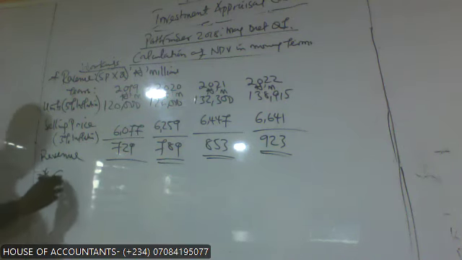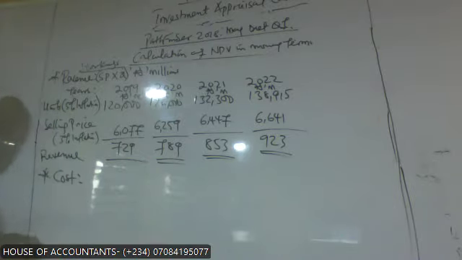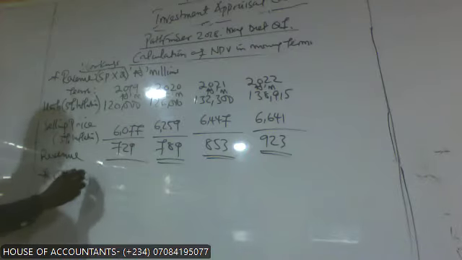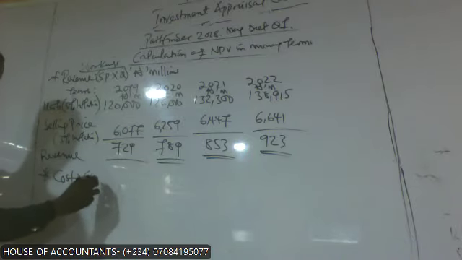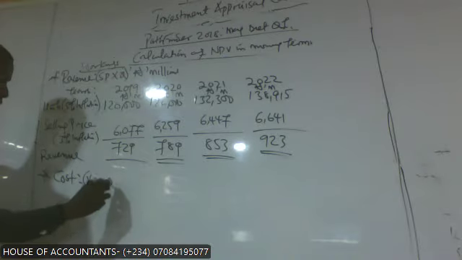Second one, we do for cost. How do you get your cost? Your cost is variable cost per unit multiplied by the quantity.